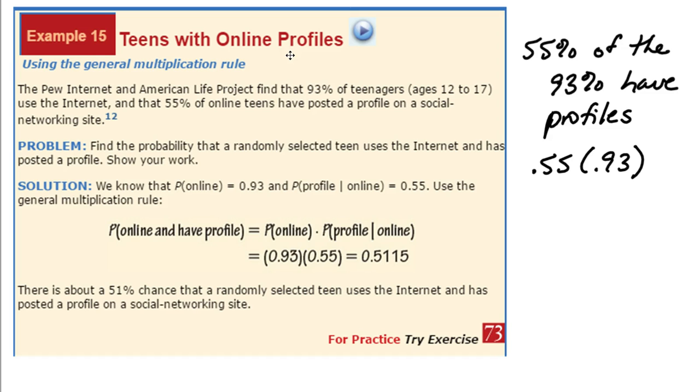Show your work. We know that the probability that they're online is 0.93, and the probability that they have a profile given that they're online equals 0.55. So basically we're saying 55% of the 93% have profiles. So it makes sense that we multiply those two together. The probability of online times the probability that they have a profile given that they're online is the probability that they are online and have a profile, which is about a 51% chance.